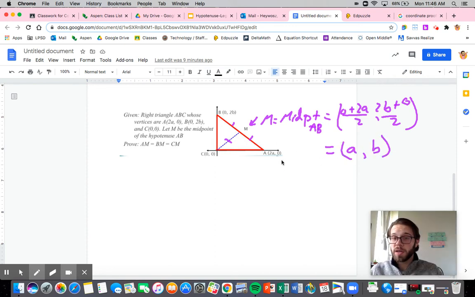Now, that's why you would call this 2a and 2b, because if you didn't do that, you would have ended up with a over 2 and b over 2. And since it's arbitrary what we're calling them, that's why you usually want to put a 2 in front.